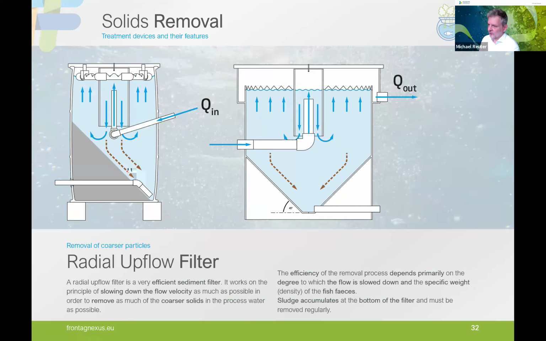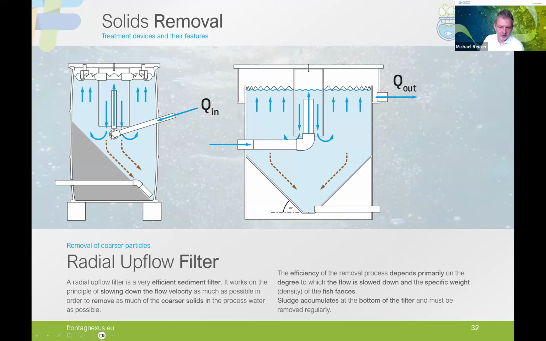And if you look at the coarse solid removal process in a radial upflow filter, this is shown here with two different designs. One is based on just a blue barrel, which would be fine for very small systems. And the other one is made of PE and useful if you have a larger system. But the function is always the same. We lead in water here in the middle of the radial upflow filter.